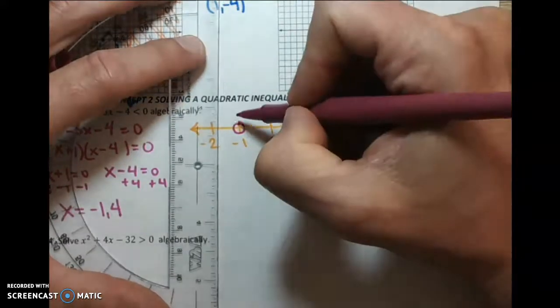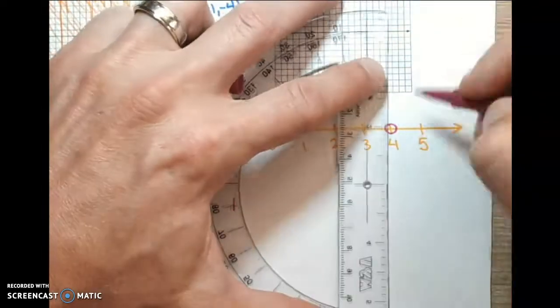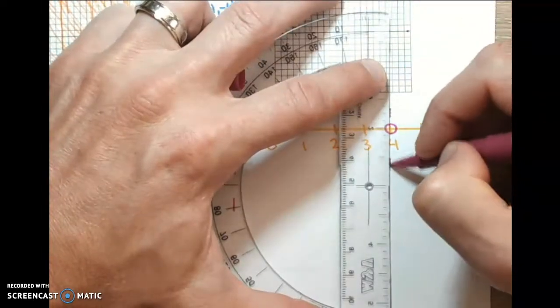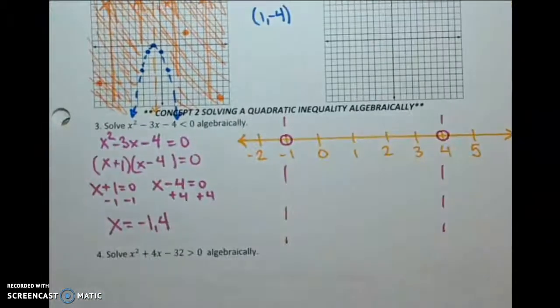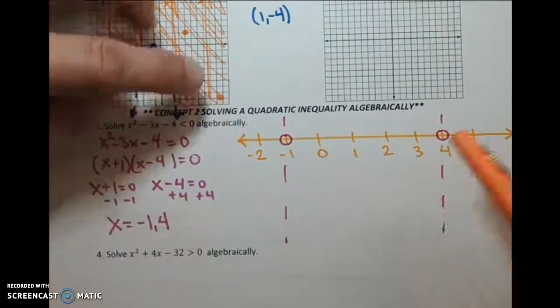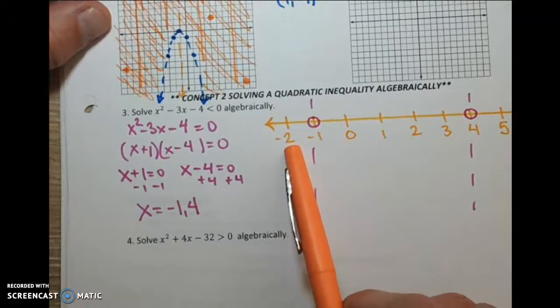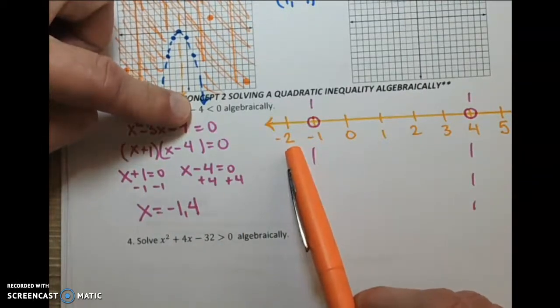So I'm going to even circle those, and I'm going to make a couple dash marks here just to keep things on that side. And then I'm going to go ahead and write inequalities in there. So for the less than negative 1, all right, I'm going to use negative 2.